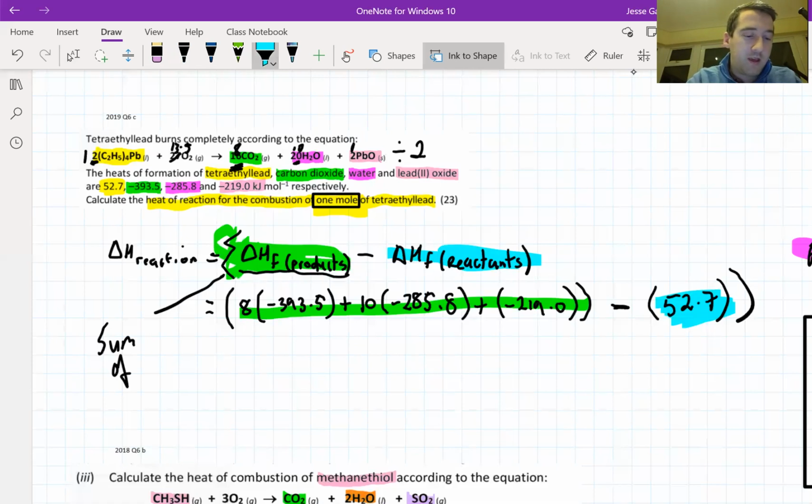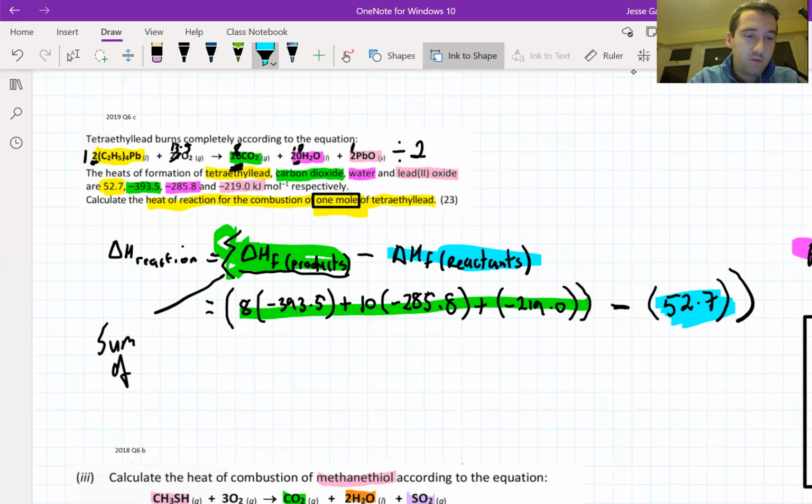So I need my calculator and I'm going to do that now. So I'm doing 8 times, and be careful using brackets here, make sure you use your brackets. 8 times minus 393.5 plus 10 times minus 285.8 plus, oh, I've got an issue here.